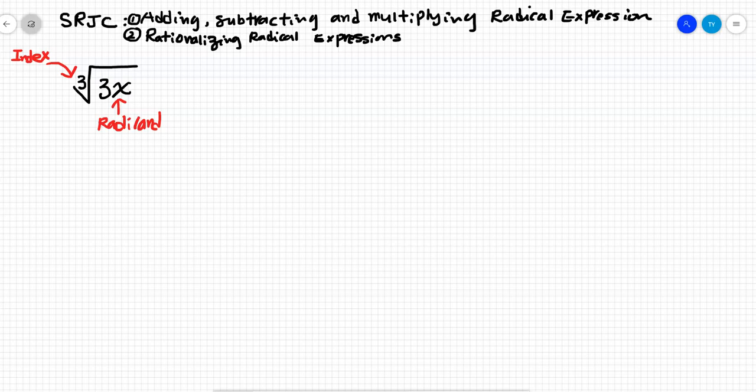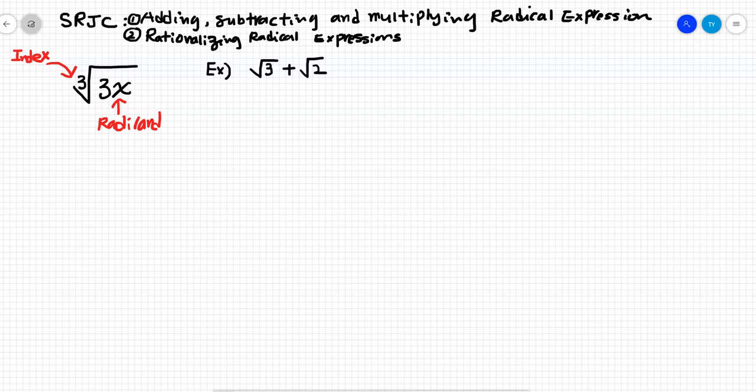Okay, so here's an example. Let's say we have the square root of 3 plus the square root of 2. In order to add and subtract, you have to have the same radicand and the same index.